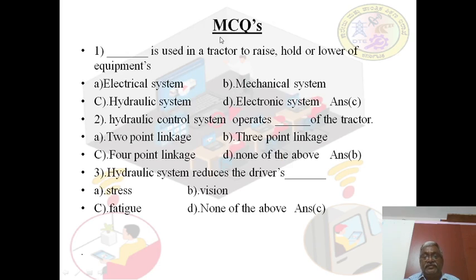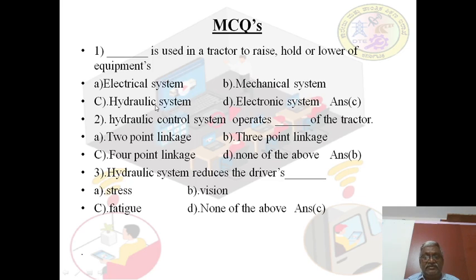Multiple choice questions are given here. Question number 1: dash is used in a tractor to raise, hold or lower the equipment. Electrical system, mechanical system, hydraulic system, or electronic system? In all present-day tractors we are using the hydraulic system only.